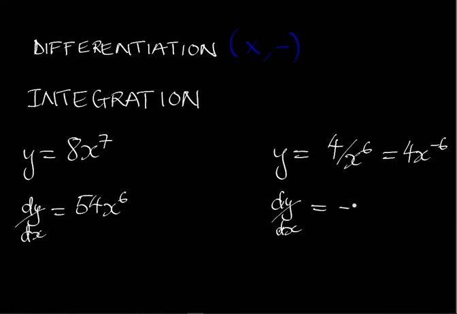Negative 6 times 4 gives us negative 24. We subtract 1 from negative 6, and we're going to have negative 7. It's a very common mistake when you have the negative power that someone is going to add instead of subtracting. So be careful there. Now, this process that we have done is what we're terming as differentiation.